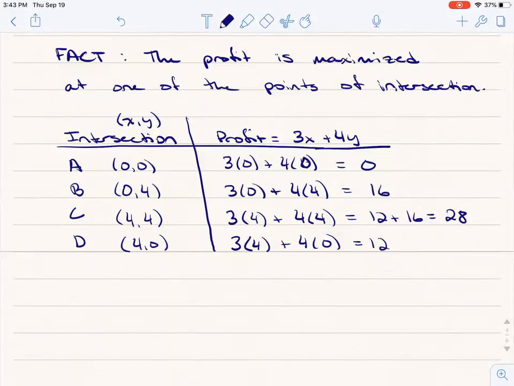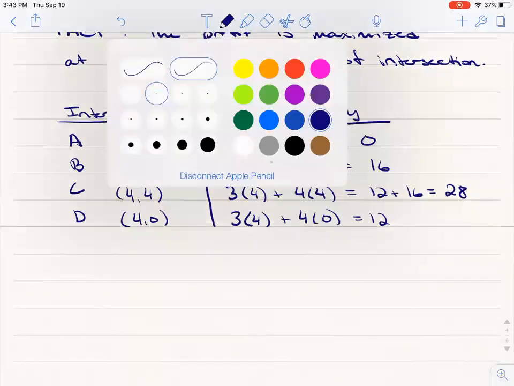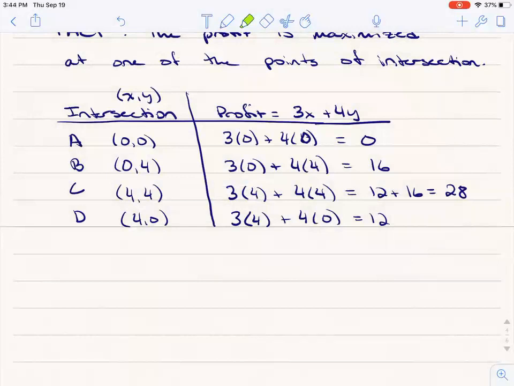If we had started here and I asked you, hey, which profit do you want? 28, please. And so that's the one that we pick. I'll just highlight this here. 28.